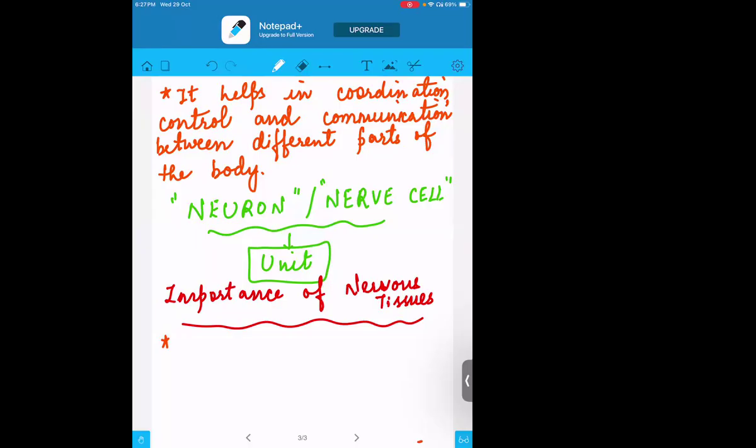It is not like I am just sitting here and everything is happening. No, there are the sense organs which are involved. For example, the eyes. If I am writing something, you are all able to see it, whether the orange, green or red color I am using, because of the eyes.